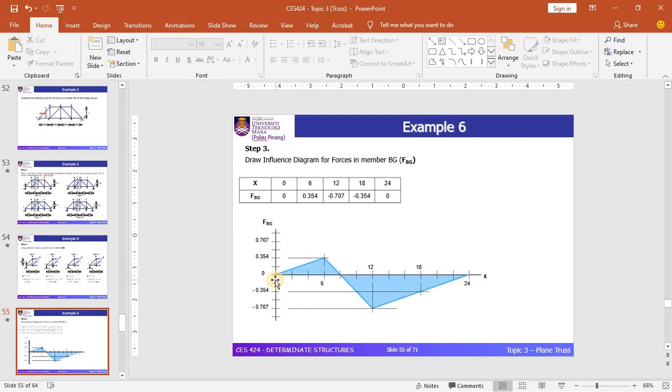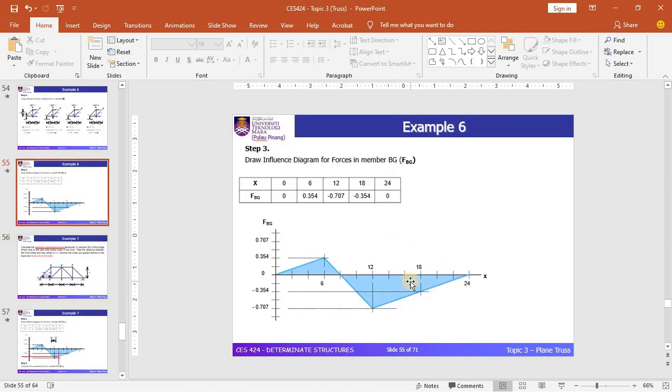When the 1 unit load is moved from A to E, the internal force in member BG changes in value and also changes in sign, from positive, tension, to compression. That is how to develop the influence line diagram for the truss structure.